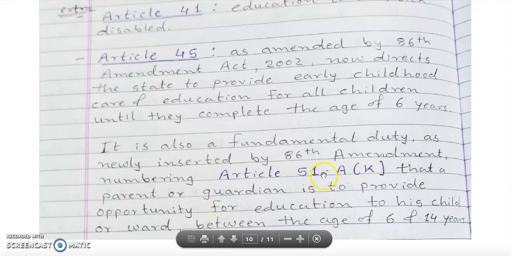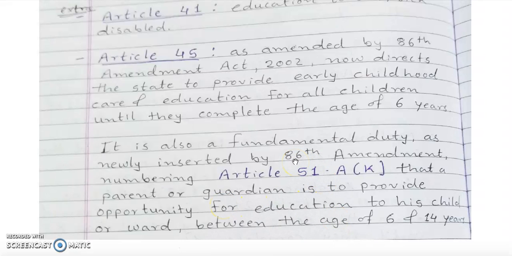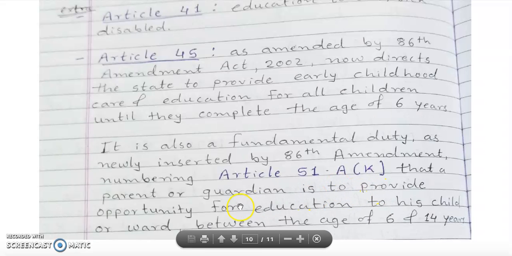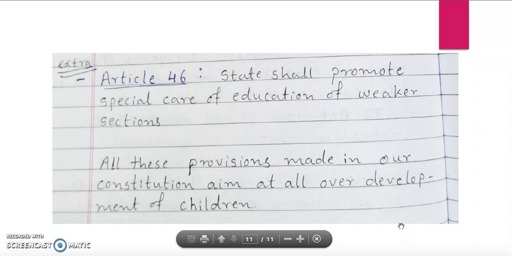So remember this amendment, the 86th Amendment Act, which added a fundamental duty, which states that parents are now responsible to provide education to their children between the age of 6 and 14.